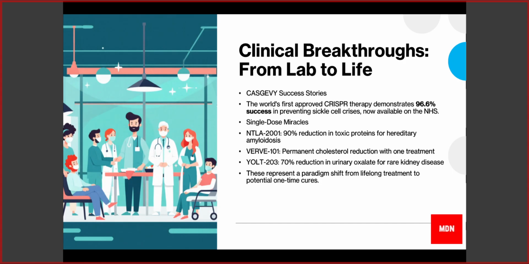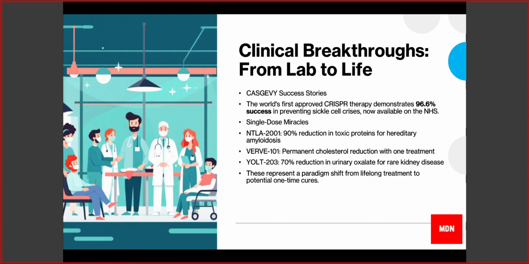There are also single-dose miracles of different drugs. NTLA-2001 achieved a 90% reduction in toxic proteins for hereditary amyloidosis. And there's also VERVE-101 with permanent cholesterol reduction with just one treatment, and YOLT-203 with a 70% reduction in urinary oxalate for rare kidney diseases.